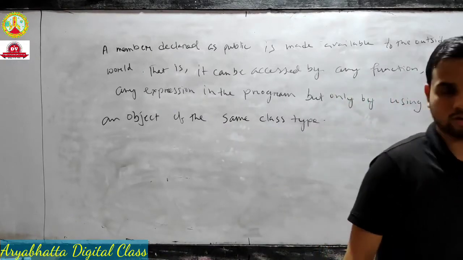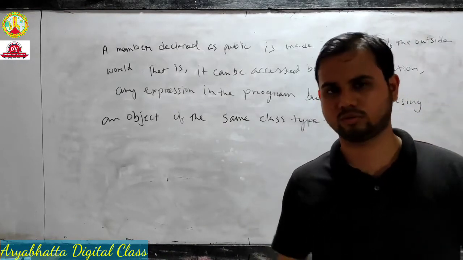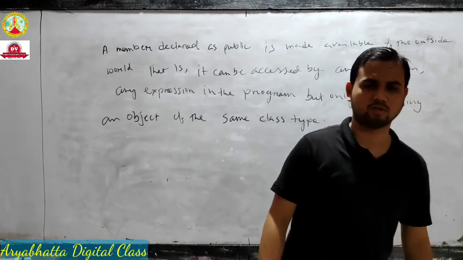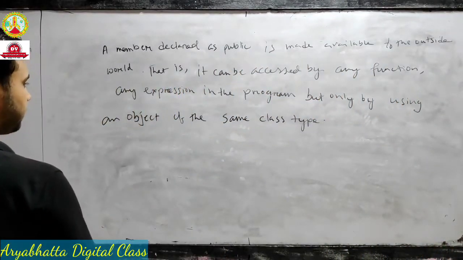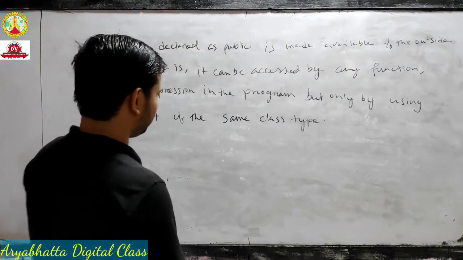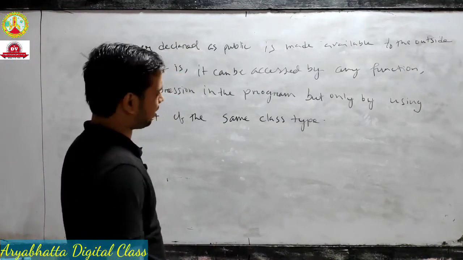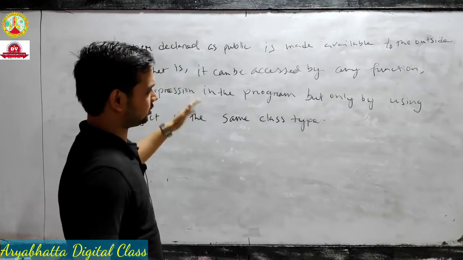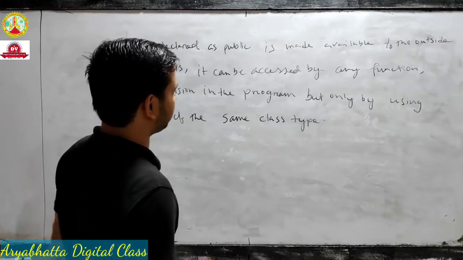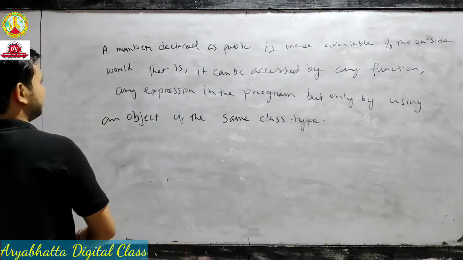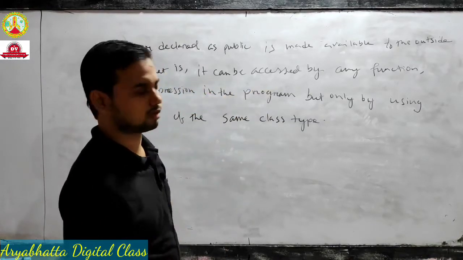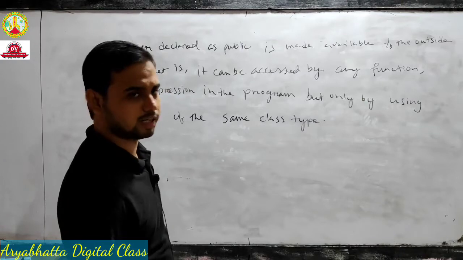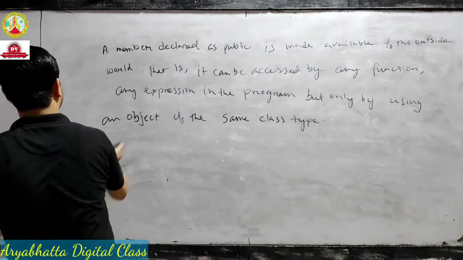Same class type means this class is one thing, and under the class all the data members and functions come. Again I am saying, this is made available, meaning it is accessible. And private and protected are hidden from the outside world.